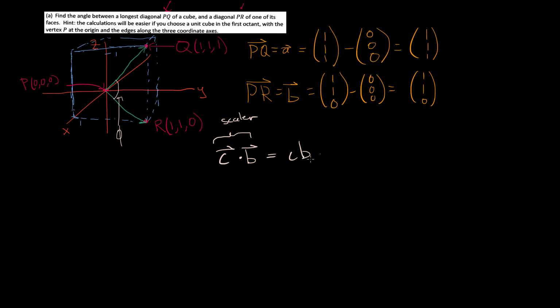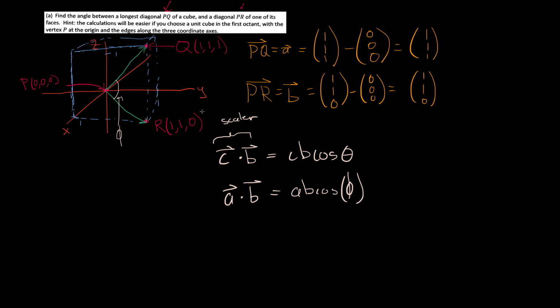It's going to be the magnitude of A times the magnitude of B, where these are the vector magnitudes, and then it's going to be times cosine of the angle between them, if we assume that angle is theta. So in this case, that's going to be giving us the equation A dot B equals |A||B| cosine theta. Or rather, not theta in this scenario, but phi.